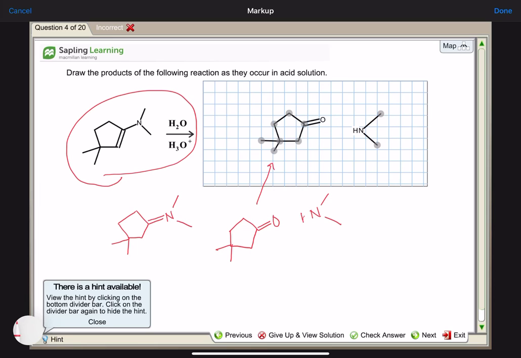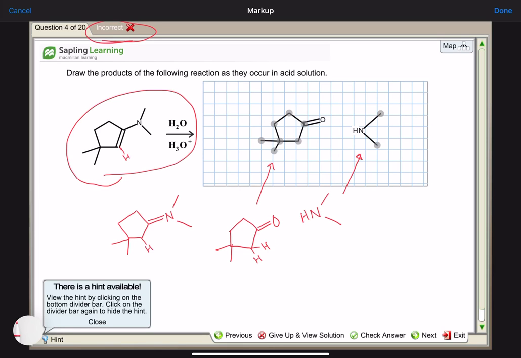Stick a hydrogen on the nitrogen, so there's that guy right there. The other hydrogen that's getting added is getting added to this carbon, which only had one hydrogen. Now we're adding hydrogen number 2. I did that and got this problem wrong, and I was like, what the heck?